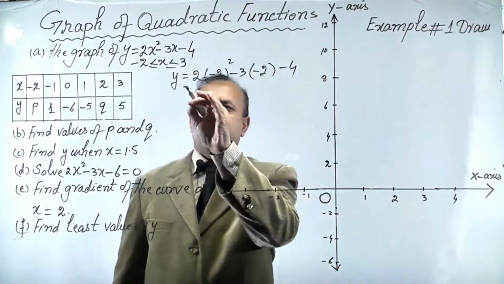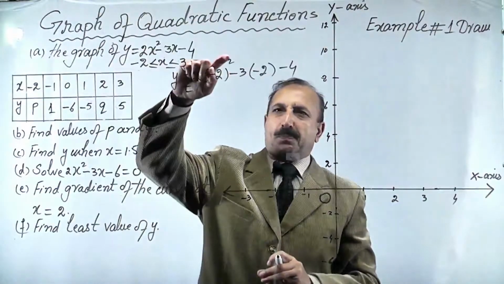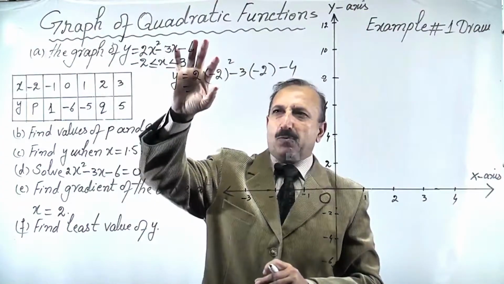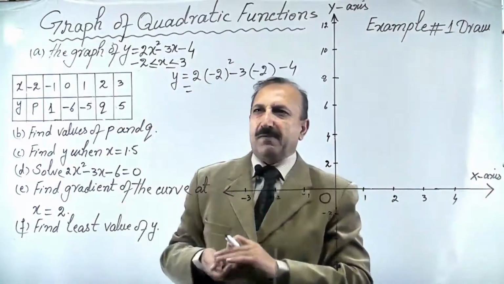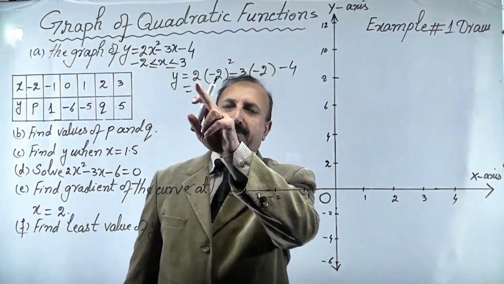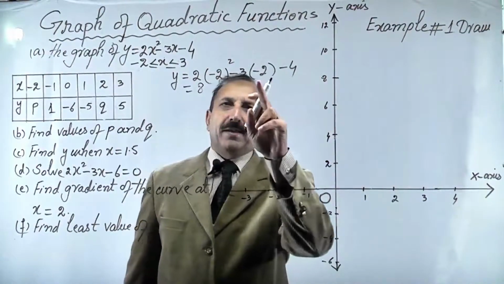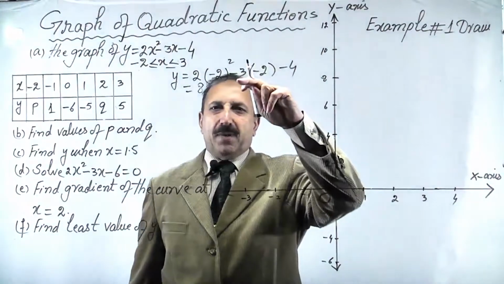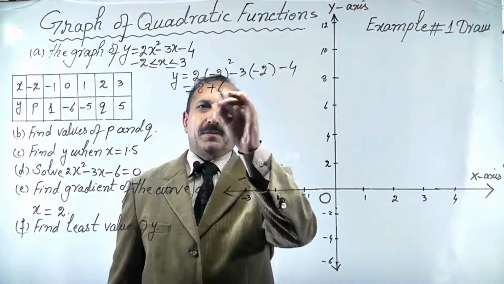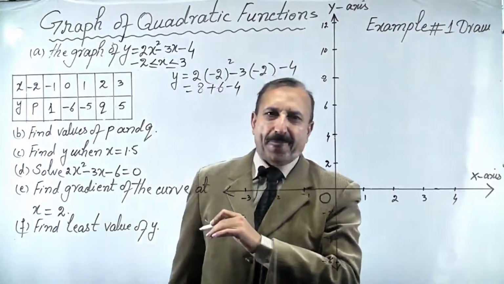Let's simplify this. This minus 2, because of the power, will become positive, and this squared becomes positive 4, and when 4 is multiplied by 2 it becomes 8. Minus times minus will become positive, so this will become plus 6, and here we have minus 4.